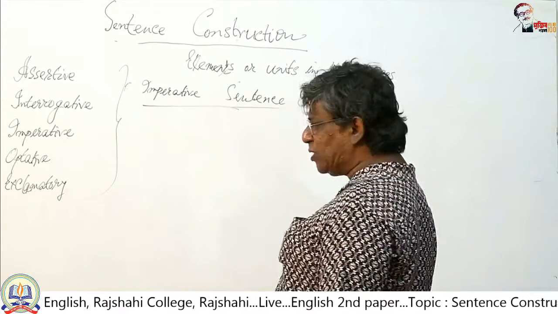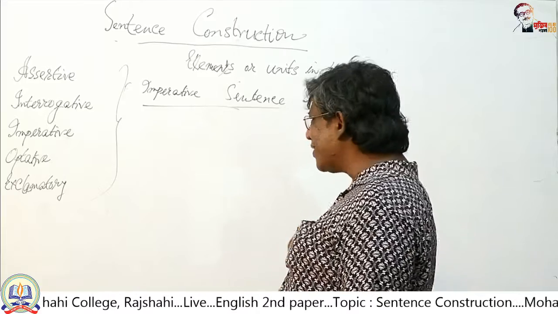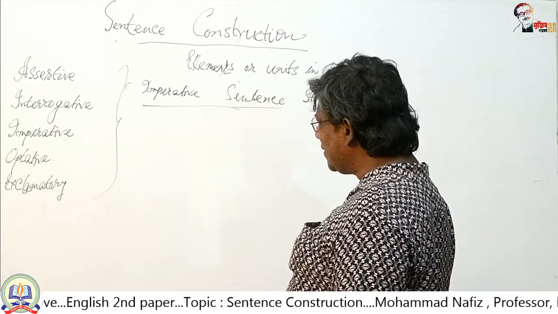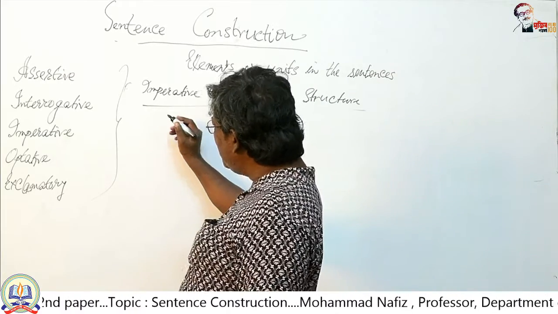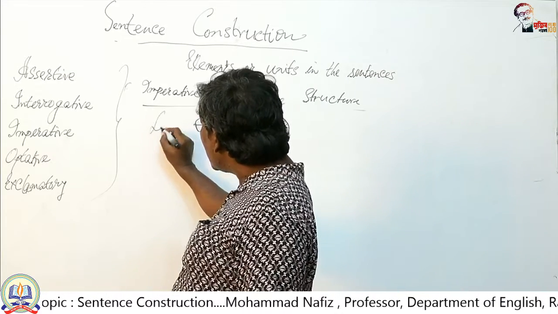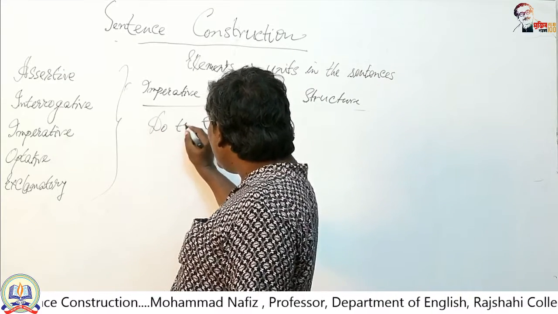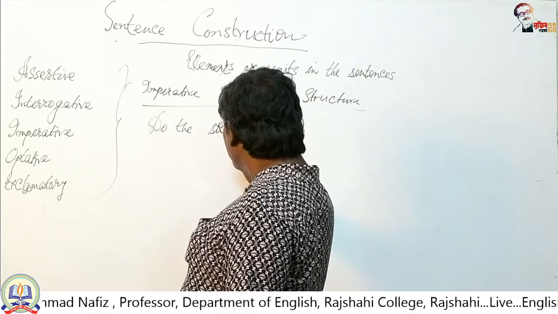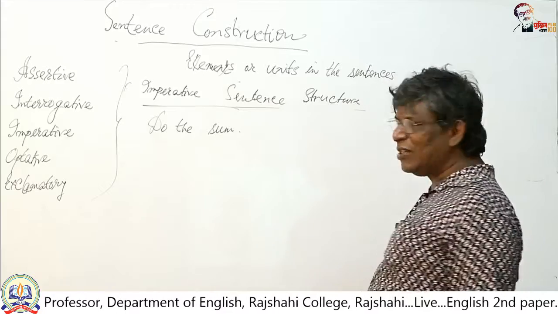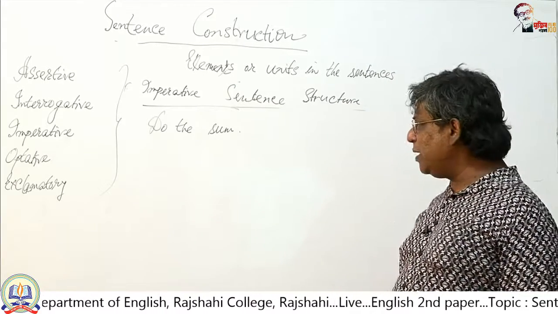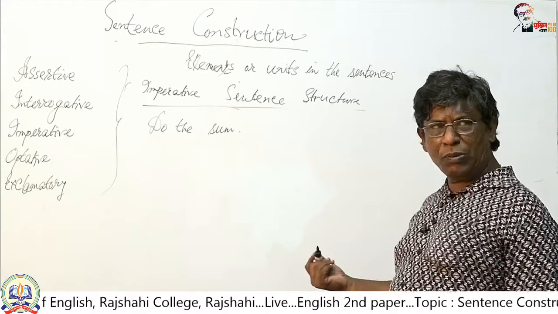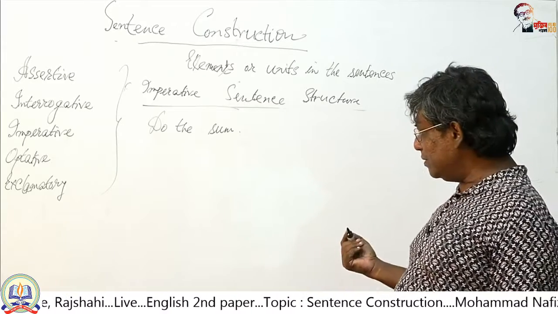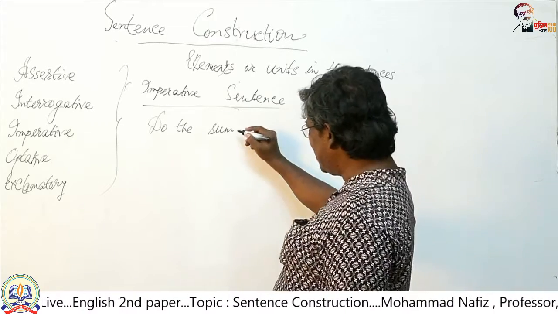Usually in Bangladesh, in our grammar classes, we are told that imperative sentences begin with the basic form of the verb, which is actually the finite verb in this clause: do the sum. It means an instruction, order, advice or request, depending on an adverb added to the clause.